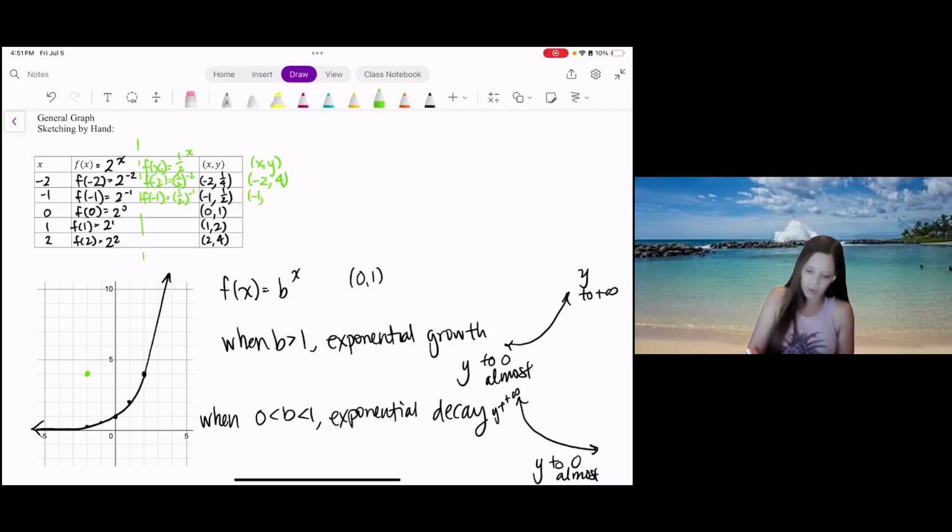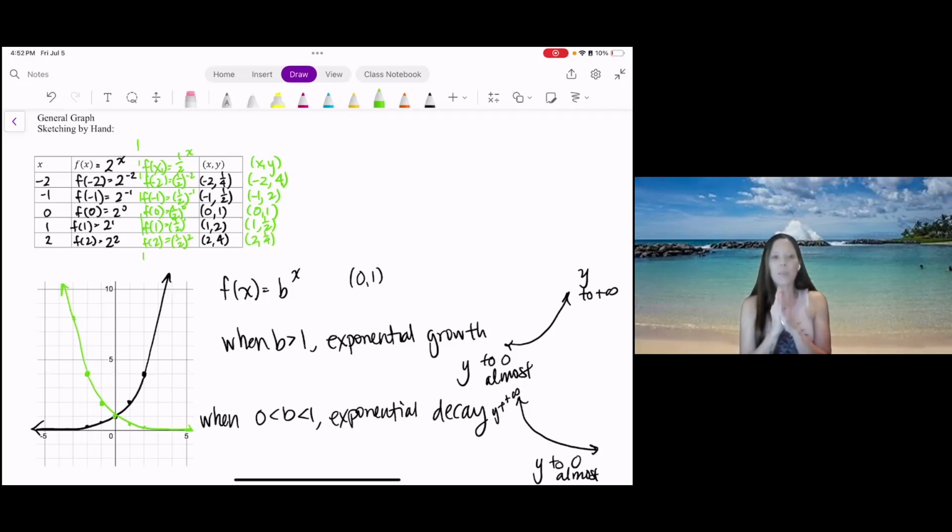At -1, we have 2. 1/2 to the 0 is 1. F of 1 is 1/2 to the 1, which is 1/2. F of 2 is 1/2 squared, or 1/4.